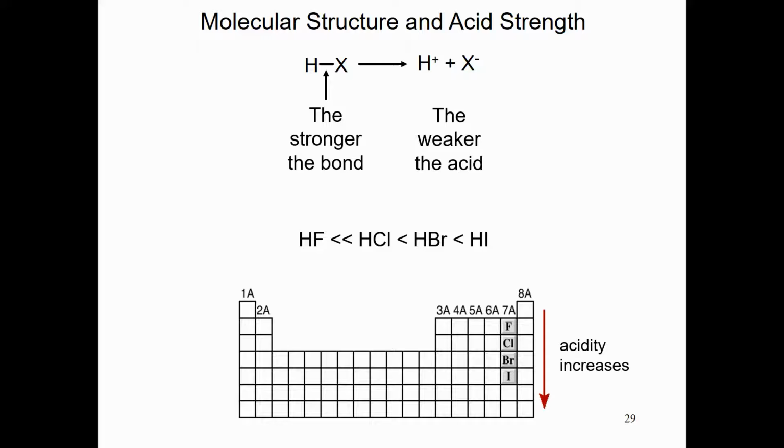Okay? And the reason for that is size. It's the size. How many energy levels are around fluorine? 2. It's in the second energy level, right? There's 2 energy levels. How many are around chlorine? 3. Bromine? Iodine? 5.